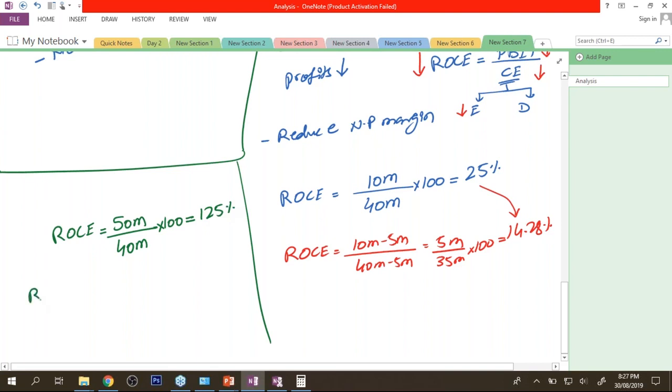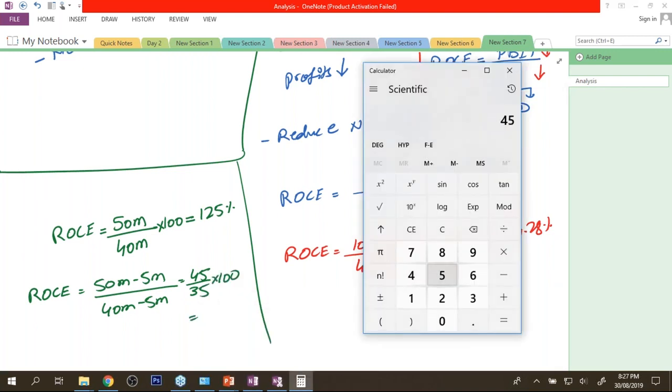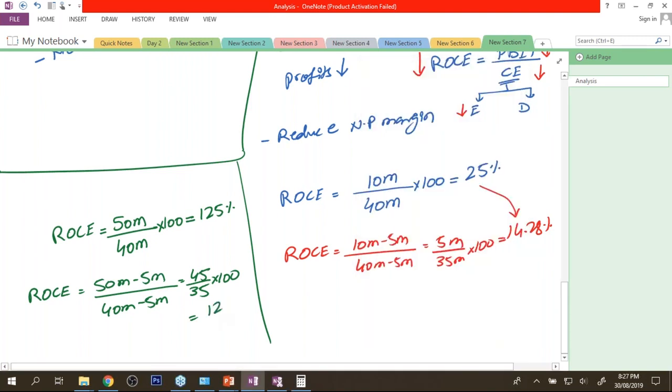And now if we reduce both the values from the numerator and the denominator, 50 million minus 5 million divided by 40 million minus 5 million, so this will be 45 divided by 35 into 100. If we see this time, it is going to be 128.5%.